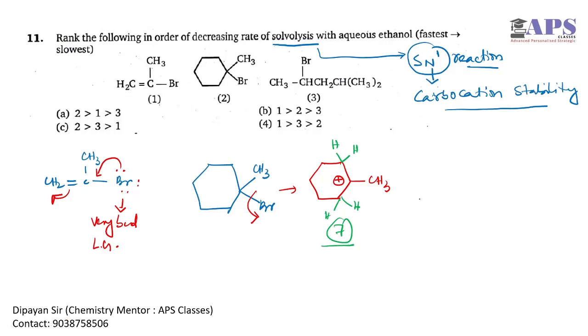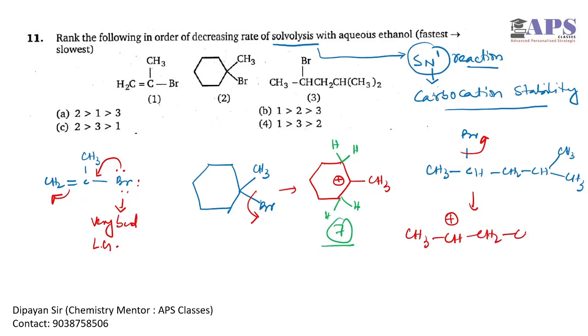And in the third molecule, initially bromide will be eliminated and this kind of carbocation is formed, which is stabilized by hyperconjugation of 5 hydrogens.